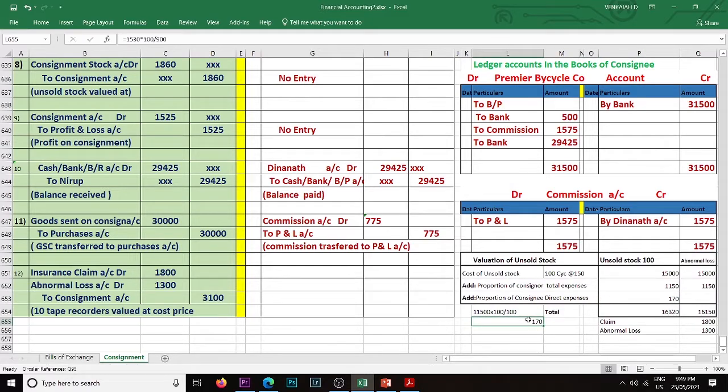So for your reference purpose, I am making it visual. This is consignee expenses. Okay? So there is no claim from that. Total 16150 is abnormal loss.